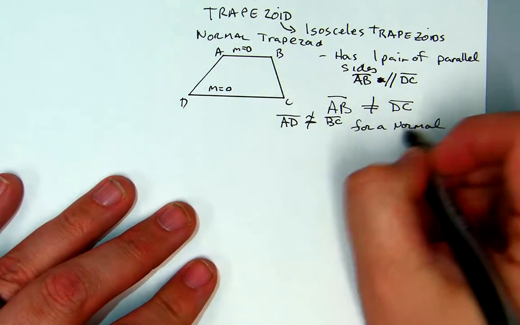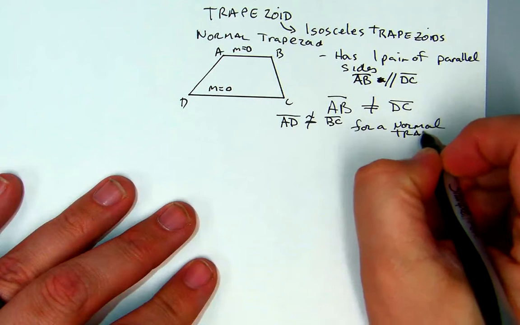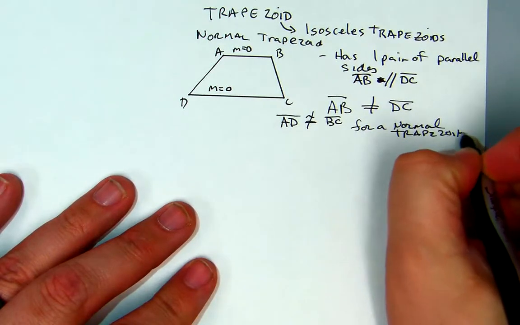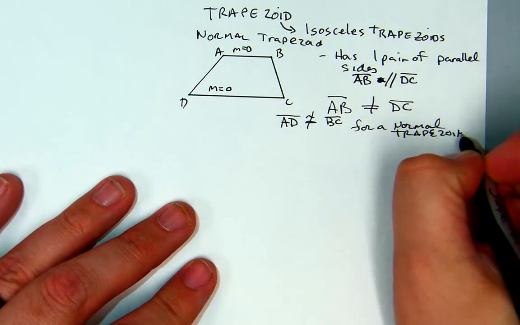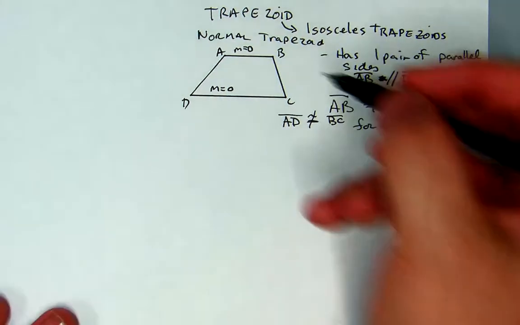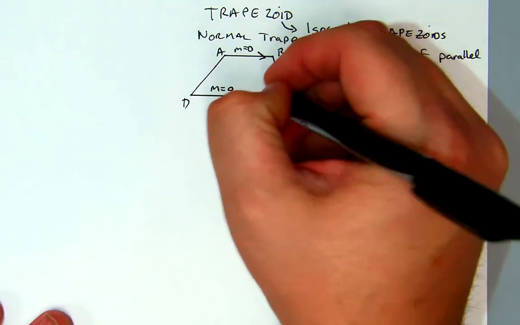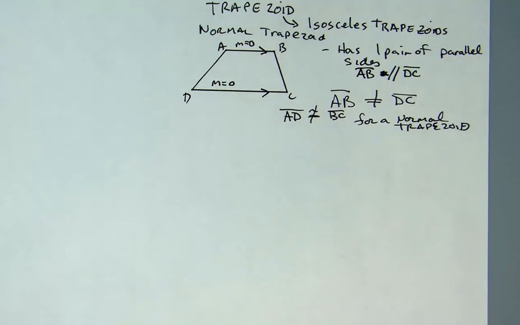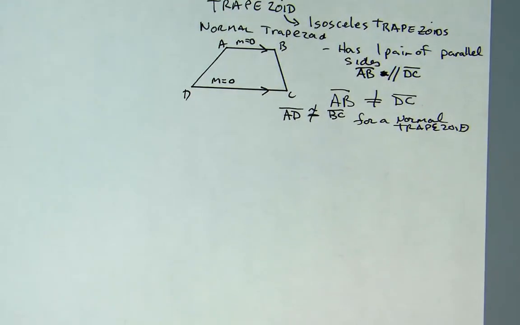For a normal trapezoid. So the only thing that you can really say is that these two sides are parallel to each other, if you're dealing with a normal trapezoid.